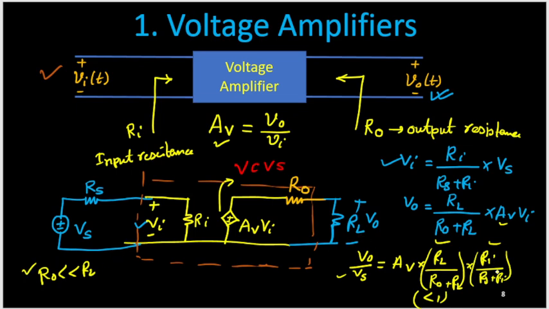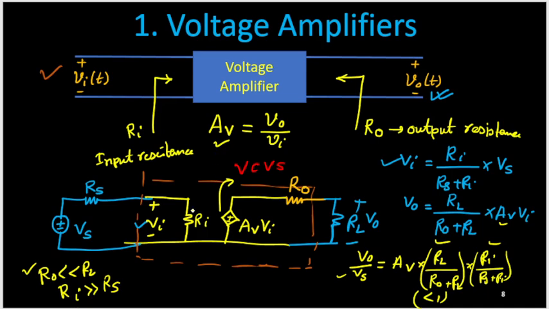Similarly, the second factor, this Ri upon Rs plus Ri, that will be close to 1 if and only if this Ri is very large compared to Rs. What is the meaning?